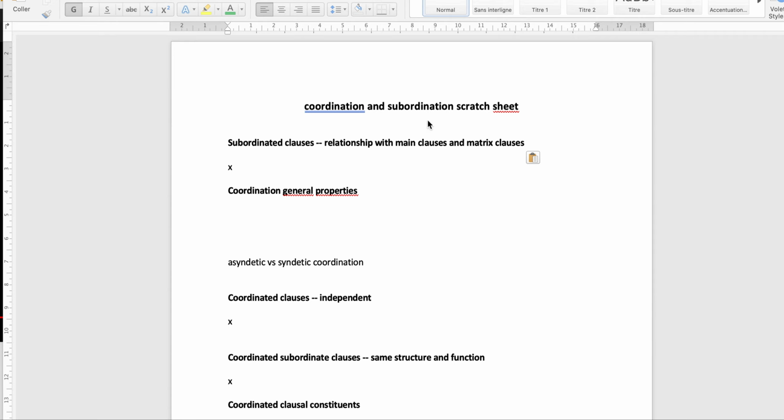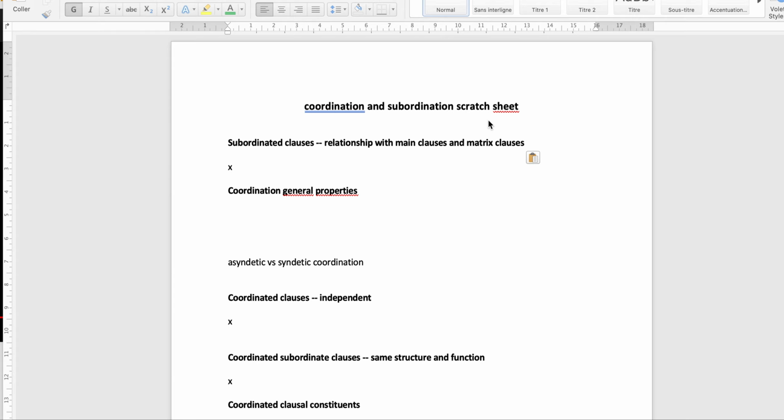So we're just going to have a reminder of what subordination is, and we haven't really discussed this much, which is perhaps something of a flaw, because we've been using subordinate clauses. When we talk about nominal clauses, we're talking about subordinate clauses, and when we talk about adverbials, these are also subordinate clauses.